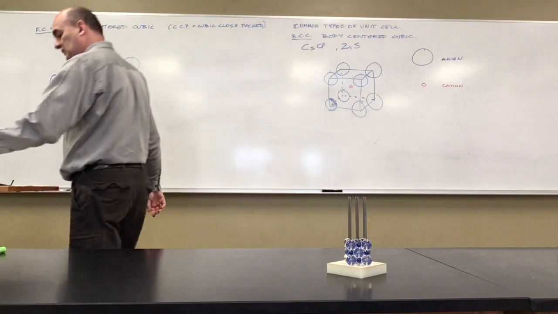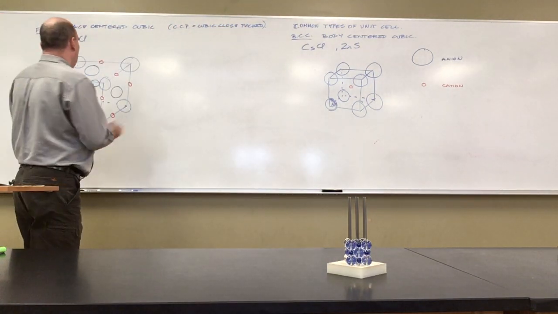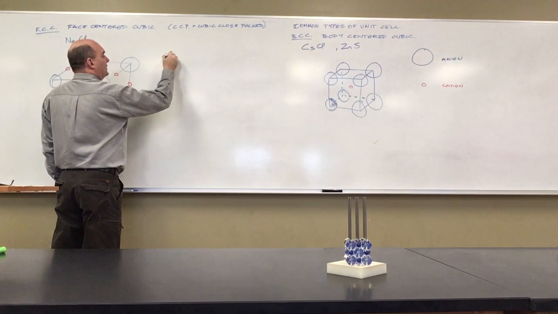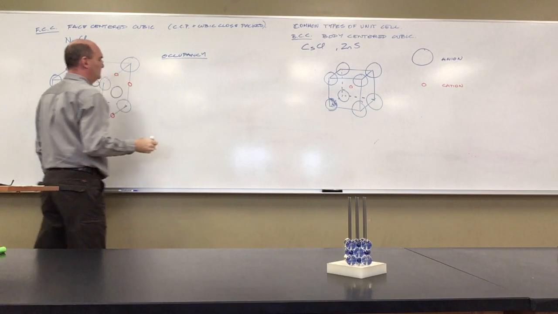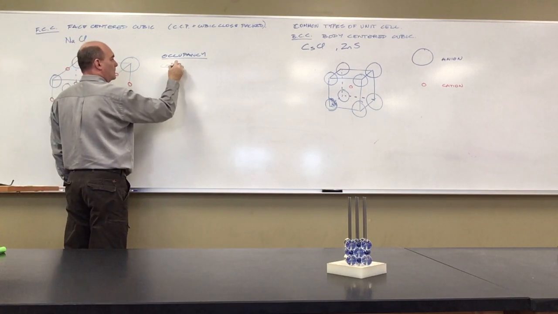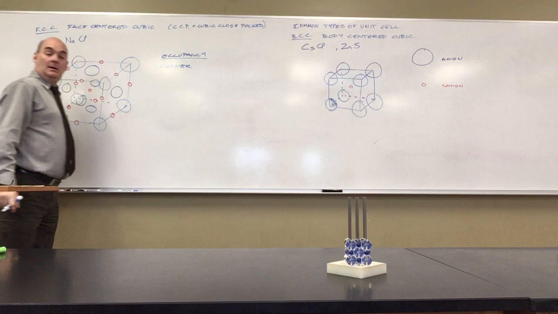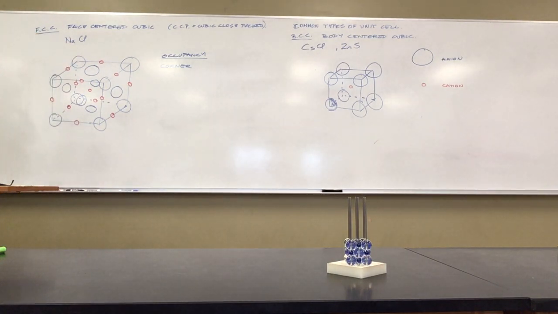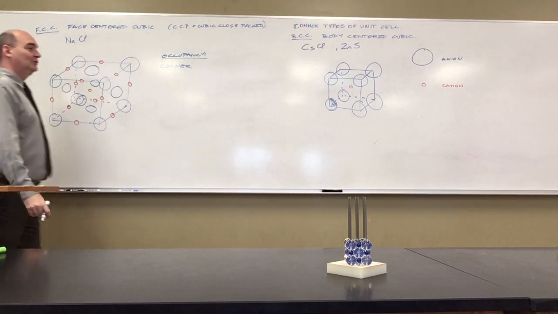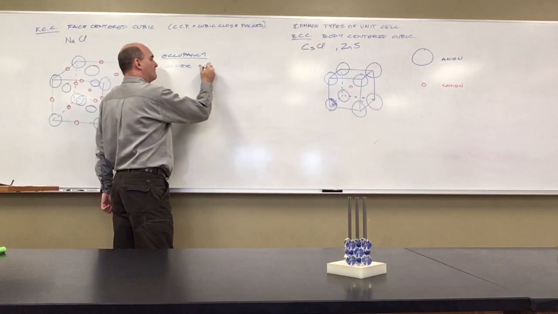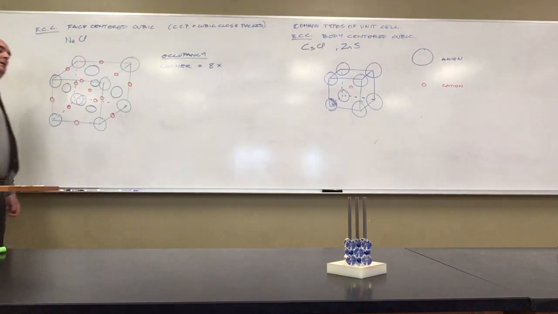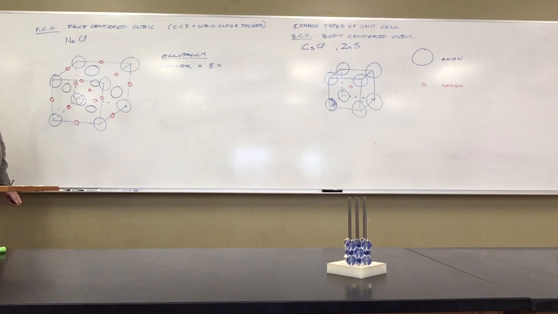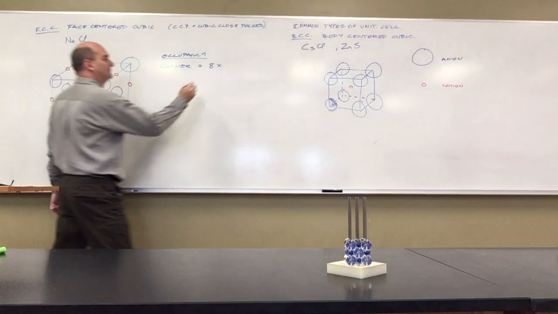Okay, let's look at our occupancy. I have anions at the corner. How many anions do I have at each corner? I have 8 of them. And how much of the sphere is inside the box? 1/8.